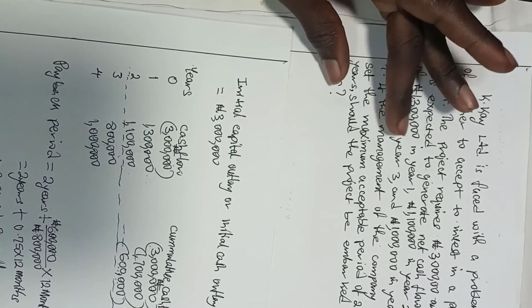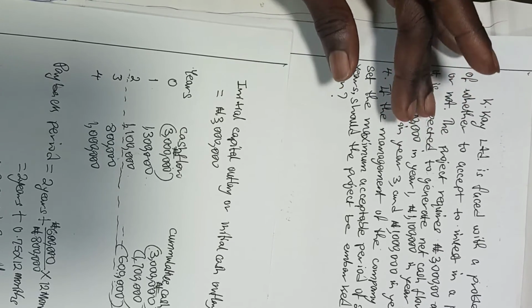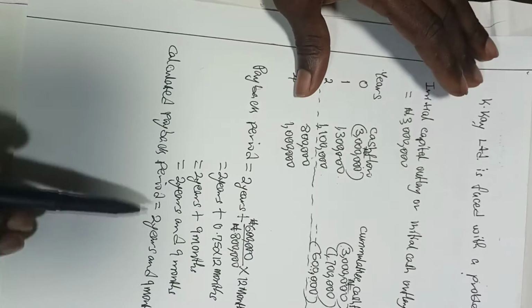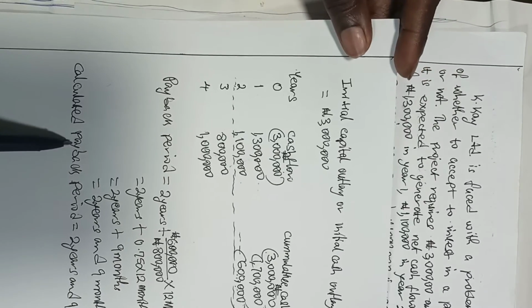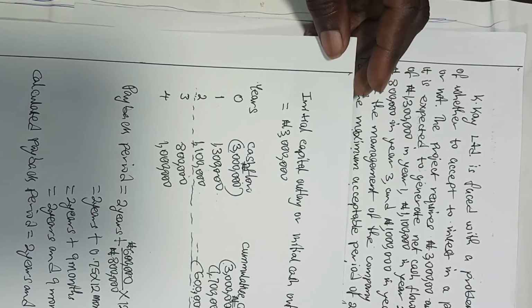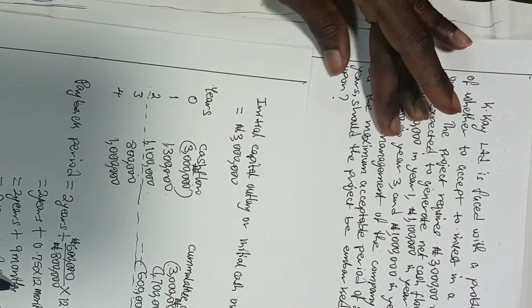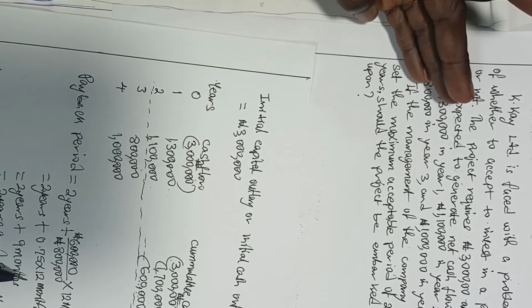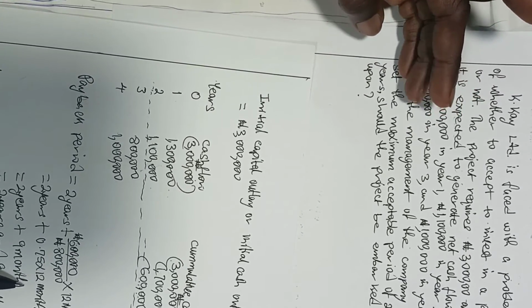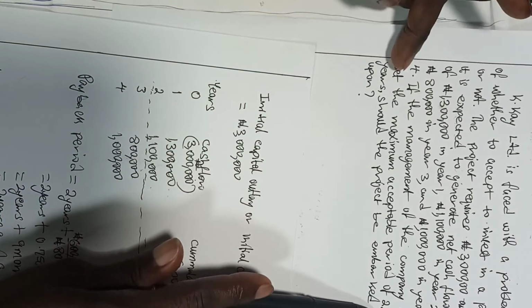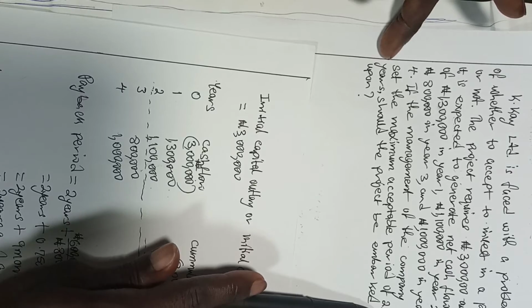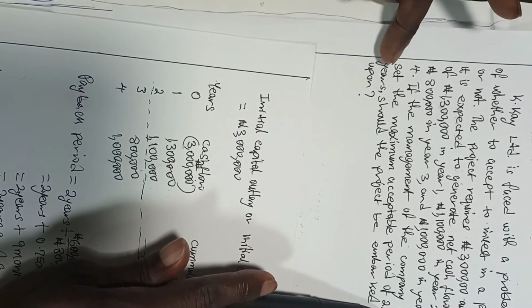2 years and 6 months is less than our calculated payback period. That means that the calculated payback period is higher than the company's standard, higher than the maximum acceptable period of the company, which is 2.5 years.